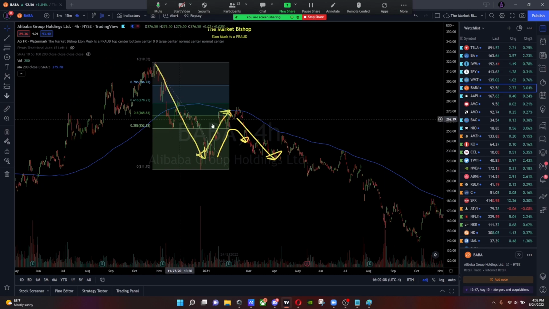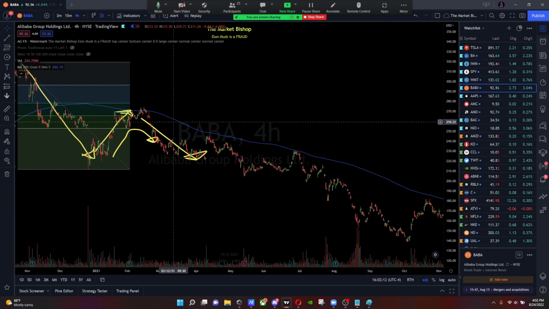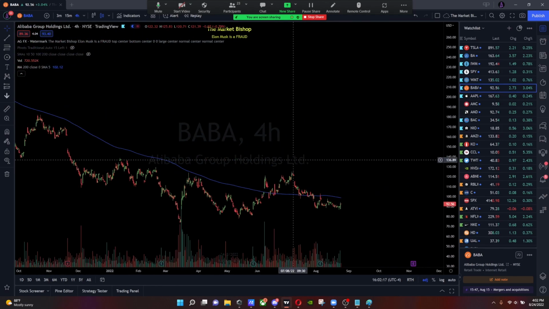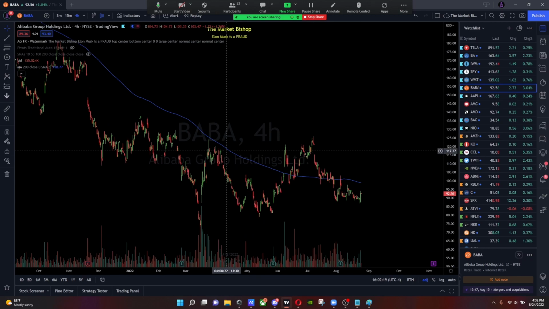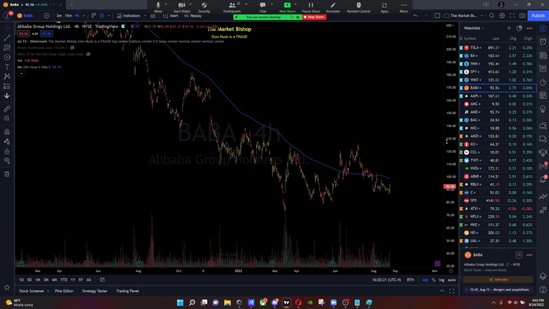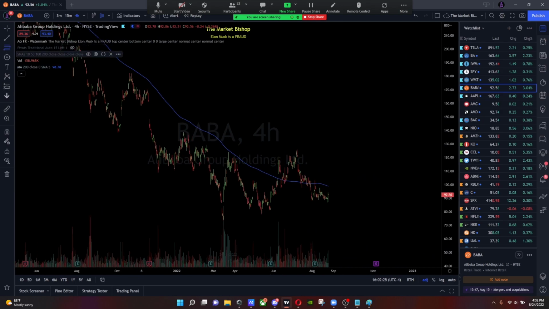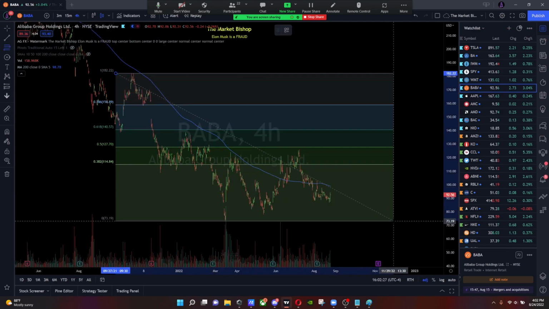But even though you're using a higher time frame, that doesn't mean you can't use this on a lower time frame. Let's say we're still looking at BABA, and we plot a Fibonacci from here to here.